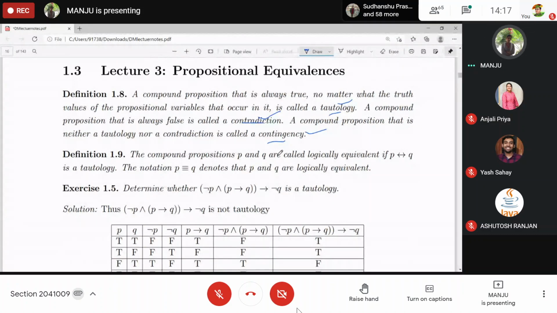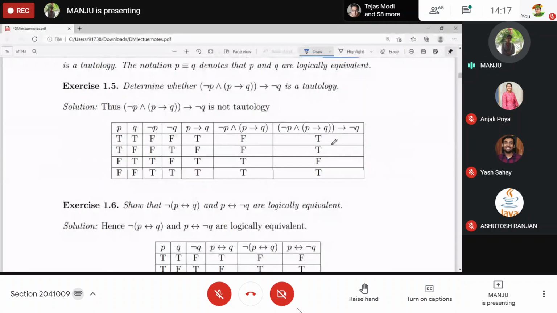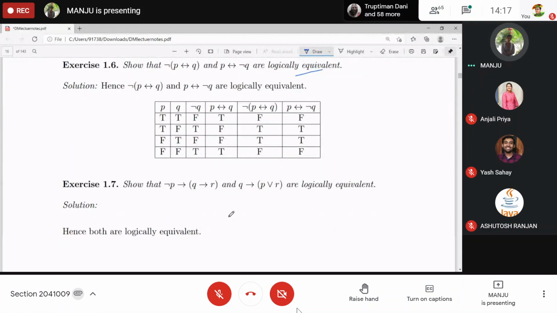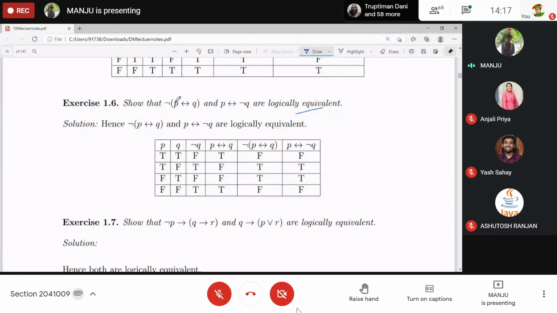Two or more compound statements are logically equivalent if they have the same truth values. Okay. Then we did some questions based on tautology and logical equivalence. When you have two main statements, P and Q, how many rows will be there in the truth table? 4.